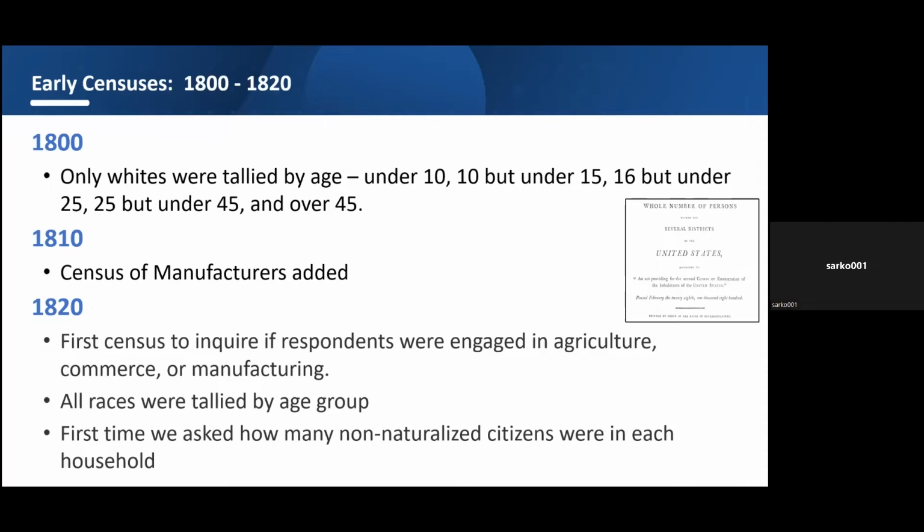In 1810, we really saw the beginning of the increase of what we could use the census to collect data on, when we added the census of manufacturers. However, people weren't completely trusting of the government. We always like to say that the United States was founded on the basis of mistrust of government and government power.